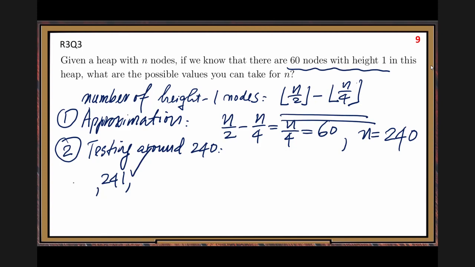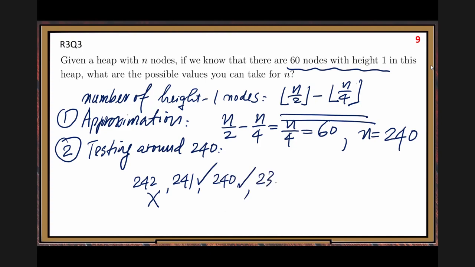Let's test 242. 242 over 2 is 121, minus 60, that's one more, so we should stop. Then 240, we know it's okay. It's good. Then 239.